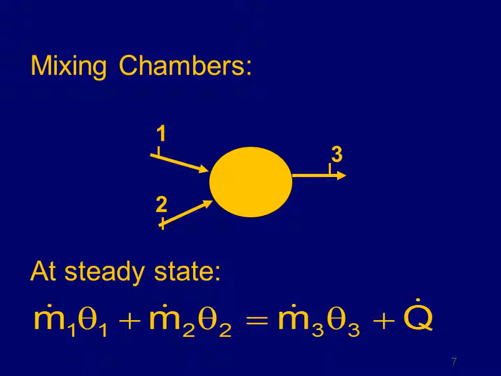We'll often make the assumption that Q is equal to 0 or treat an adiabatic mixing chamber, where again the mass flow at 3 times the energy at 3 will be a weighted sum of the mass flow at 1 times its energy plus M2 times theta 2.